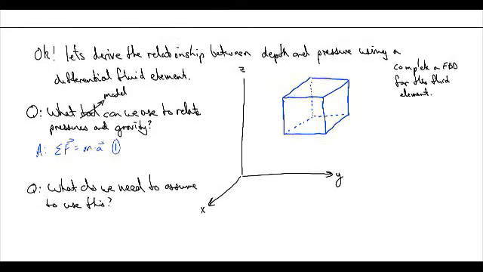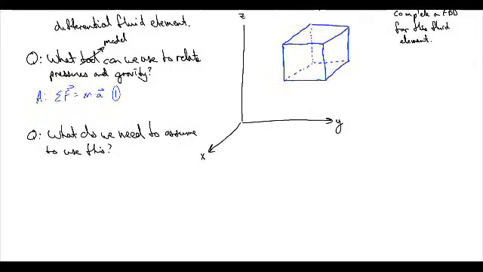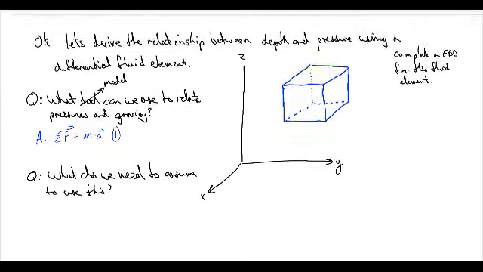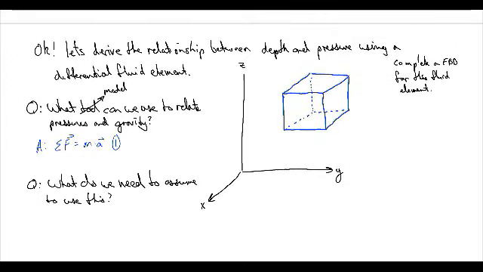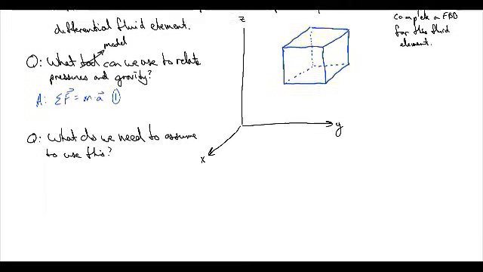And what do we need to assume in order to use this? Well, currently in this class we're dealing with fluid statics, and we know that our fluid is static. We're trying to derive a relationship between depth and pressure for fluids at rest. So our first assumption, A, is that the fluid is at rest.